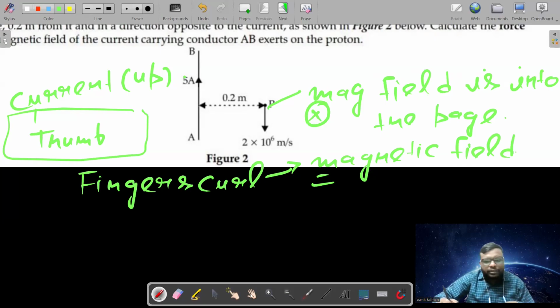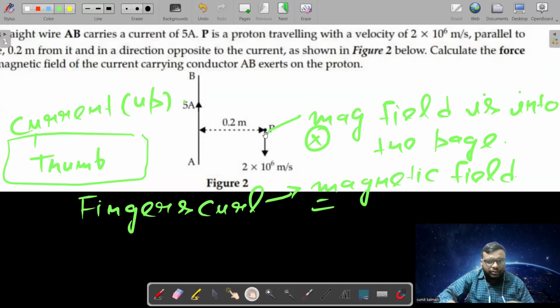And here direction of proton velocity is in downward direction. So here magnetic field is into the page and proton velocity is downward. So here angle theta will be 90 degree.